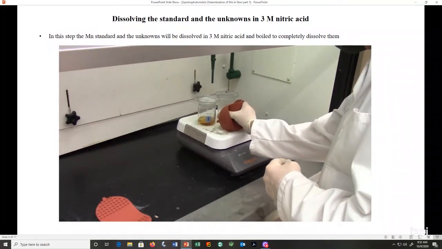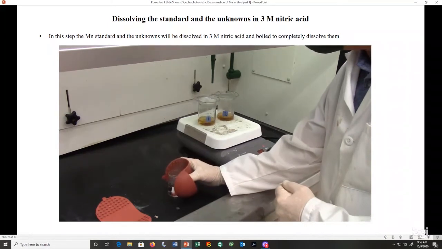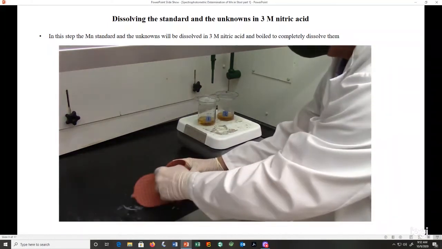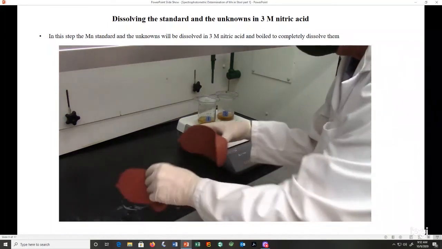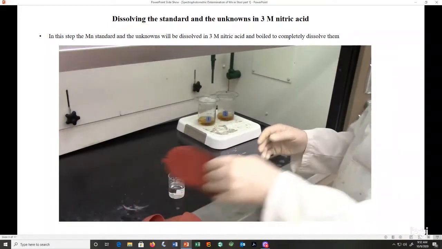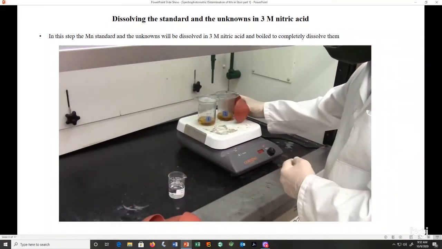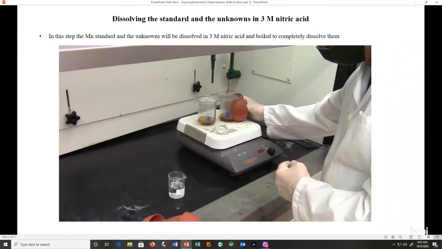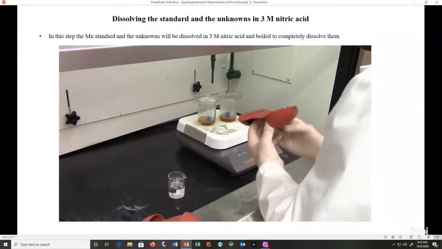And so we're going to take that one off and we're going to prepare that sample first. And we're going to let the unknown sit on the hot plate for a little bit longer. Maybe we'll put those more towards the center of the hot plate so that they can start boiling.